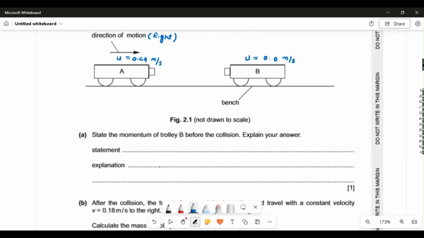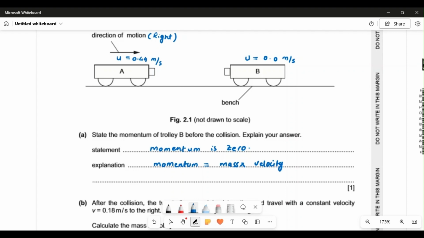The statement for this is momentum is zero. Why is momentum zero? Momentum is zero because we know that momentum is always equal to mass times velocity.